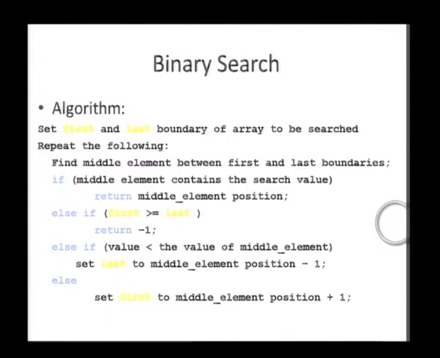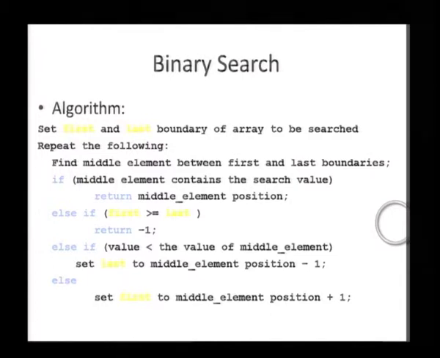If it is not present, a comparison is made. If the mid value does not contain the key, but first is at least as large as last, then the return value is -1, saying that the key has not been found.